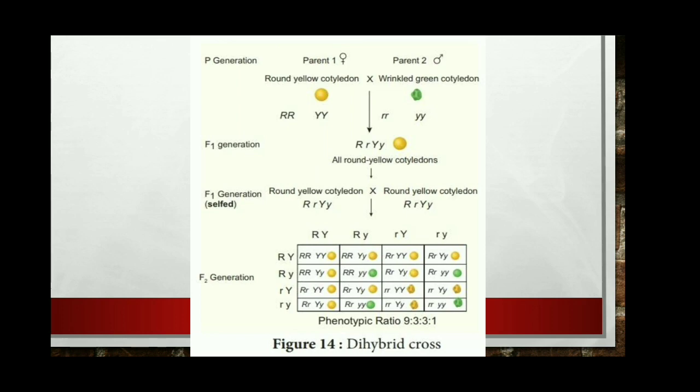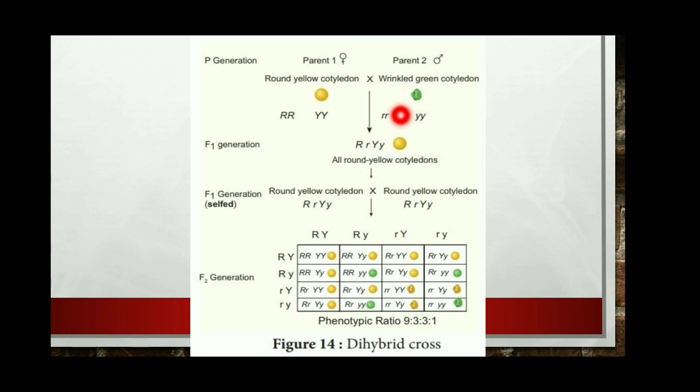That means the round yellow parent always produces round yellow seeds generation after generation. The wrinkled green plant always produces wrinkled green seeds generation after generation. That's why they are called pure breeding varieties. So he chose one pure breeding round yellow plant as well as a pure breeding wrinkled green plant.